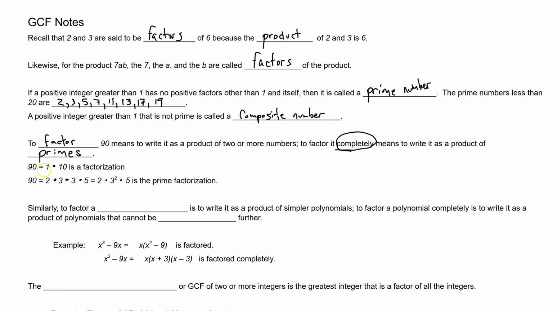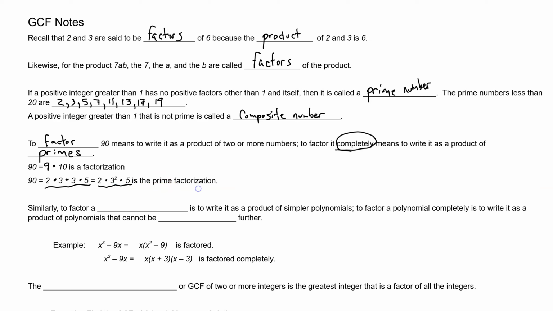So, for example, 90 equals 9 times 10 is a factorization. 90 equals 2 times 3 times 3 times 5, or 2 times 3 squared times 5, is the prime factorization of 90.